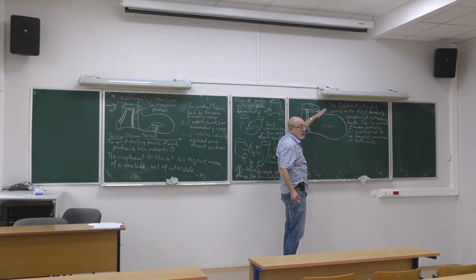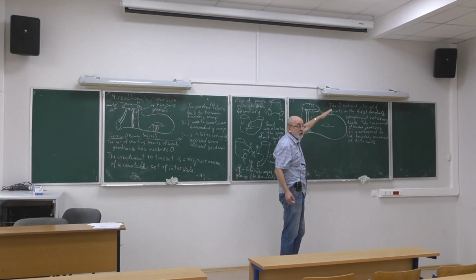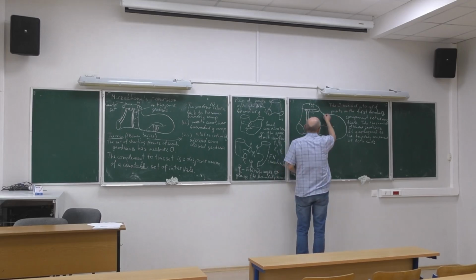In this way, I obtain a simple curve, and as we know, in each homotopy class of simple curves, there is a unique geodesic, which is the shortest one in this class.